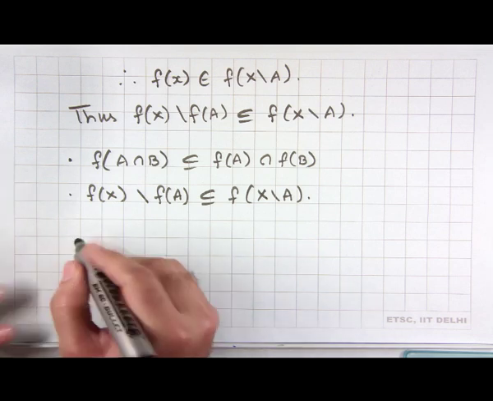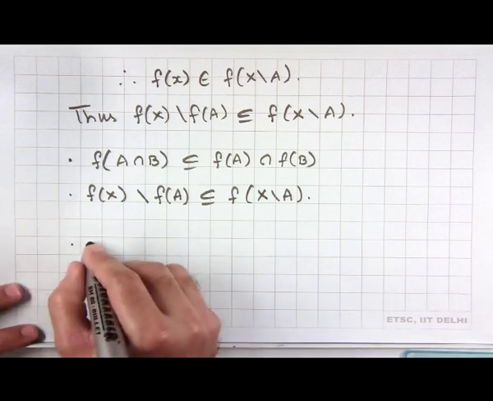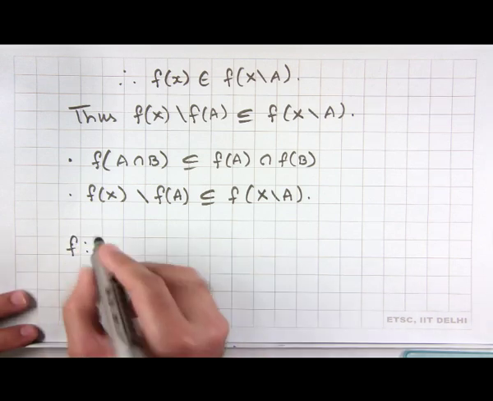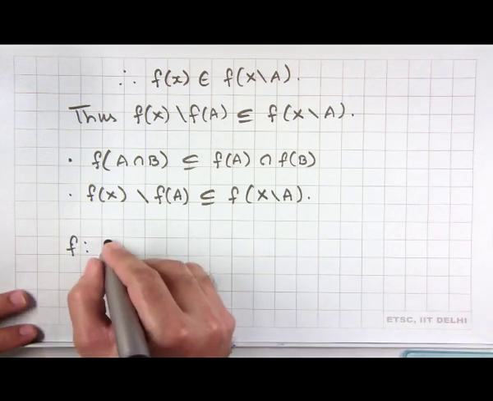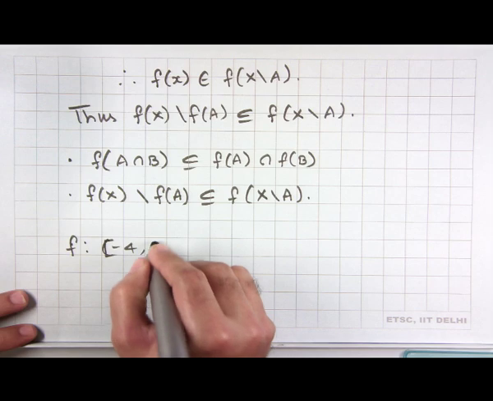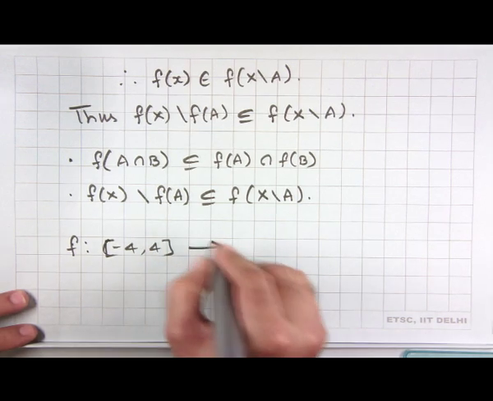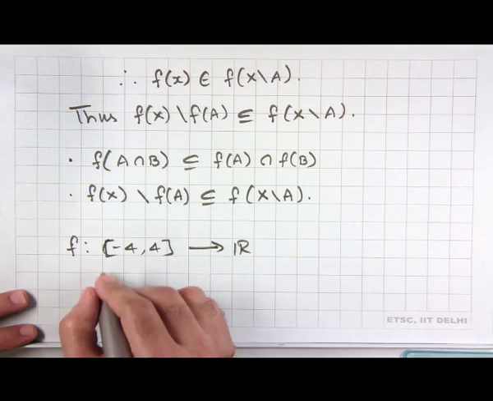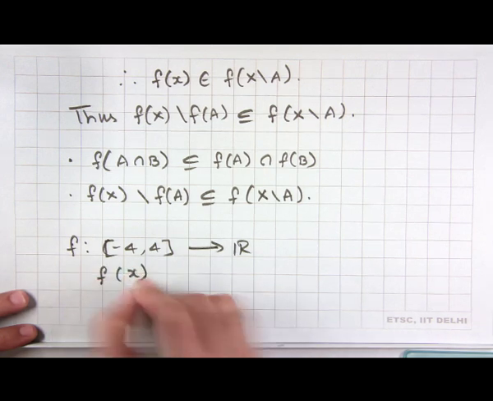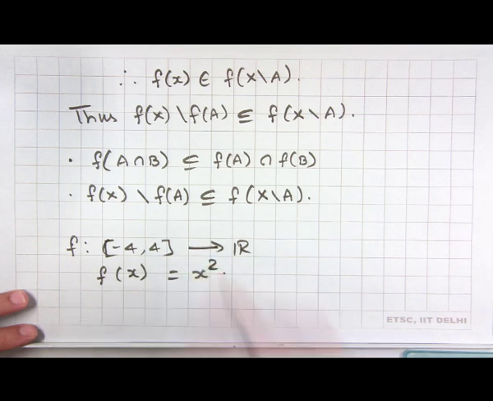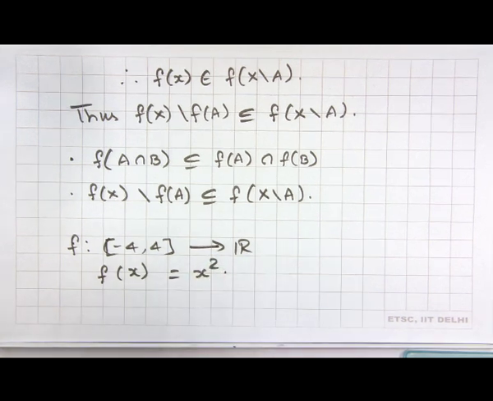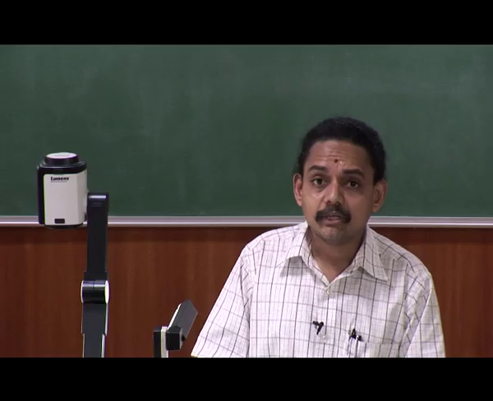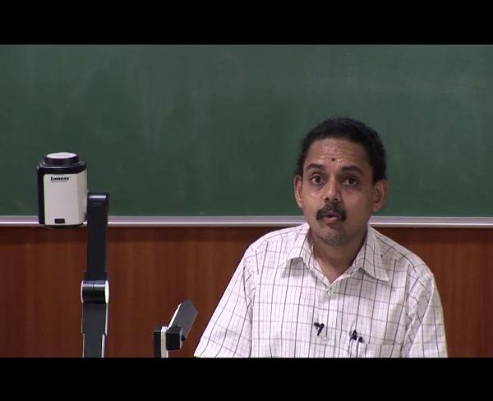Let us look at the example that we had. The example that we had is the mapping from minus 4 to 4 up to R given by f x equal to x square. This was the function that we had, but what is lacking in this?